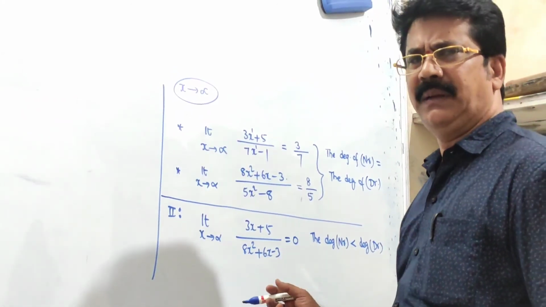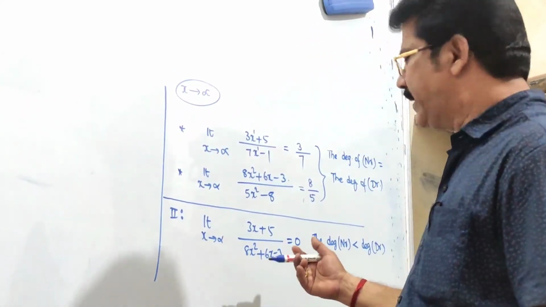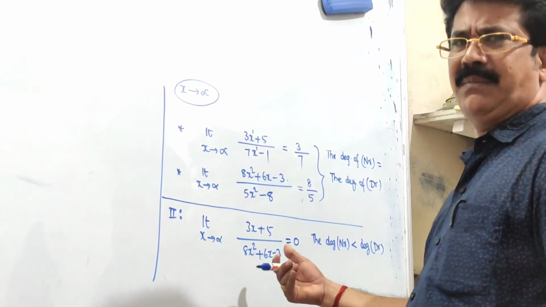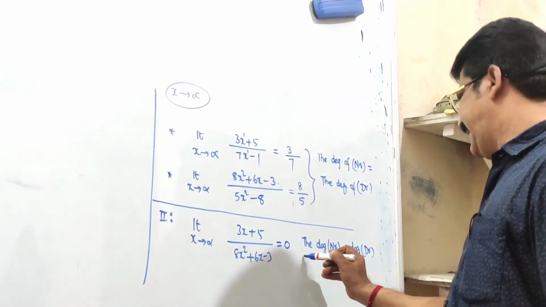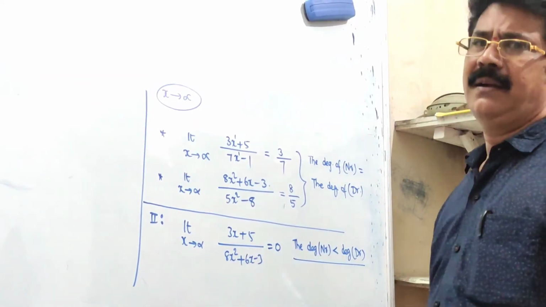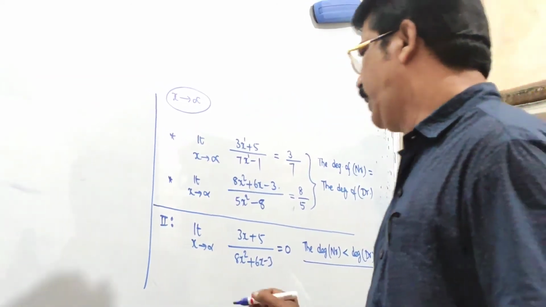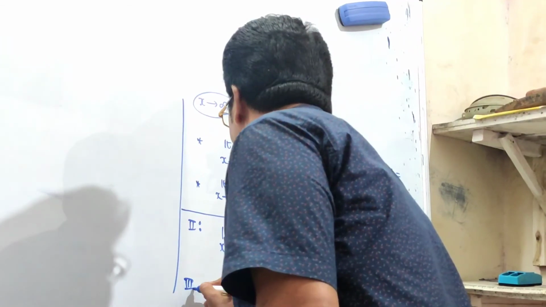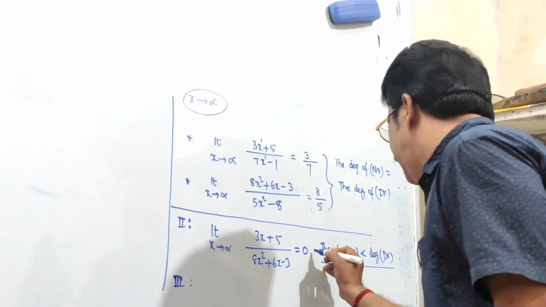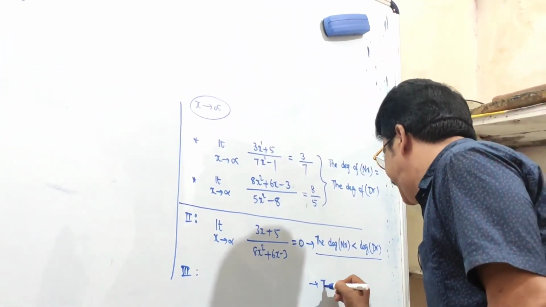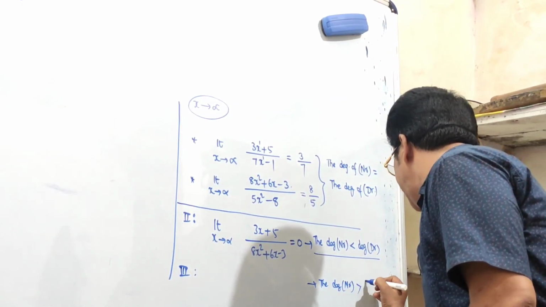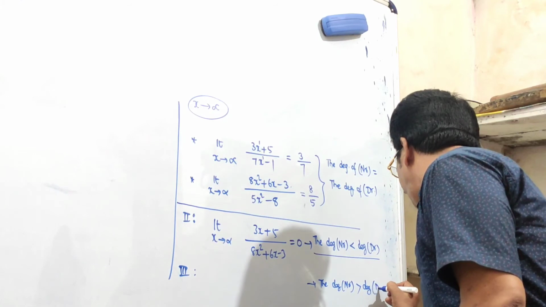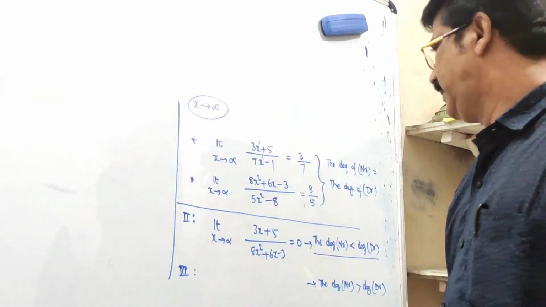Okay, it is enough to take one example. At your home, you can create the number of questions or functions like that. The degree of numerator is less than degree of denominator. Okay, next, number 3. So, this is the case. The degree of numerator is greater than degree of denominator.